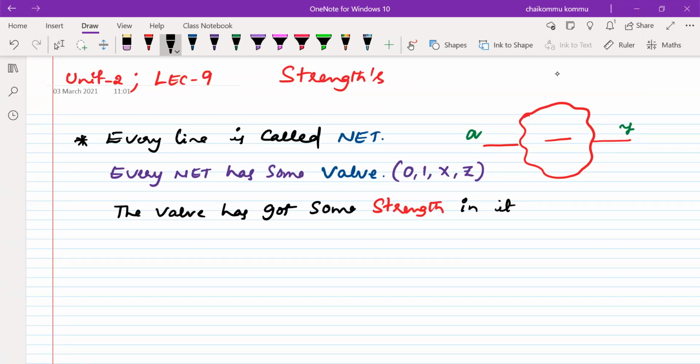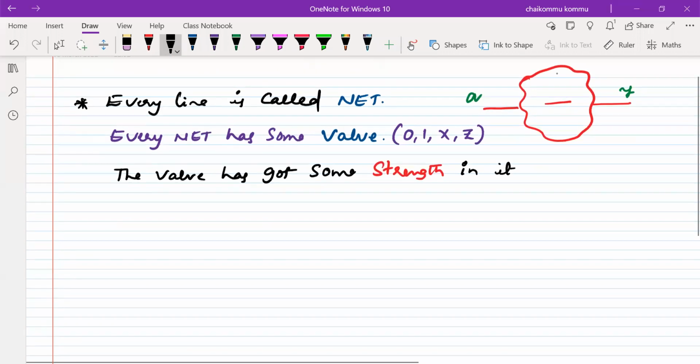Because each net offers some kind of impedance, and that intensity or weight can be treated as the strength of a net, or more simply the strength of the value.